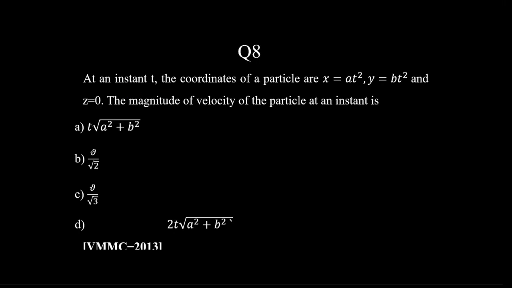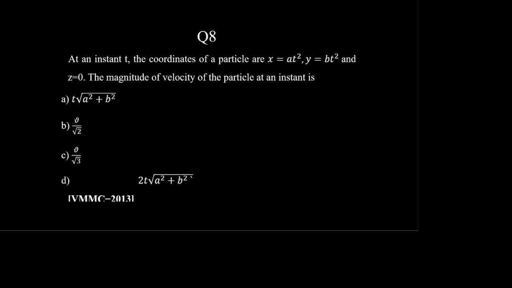At an instant, the coordinates of a particle: x is equal to at square, and y is equal to bt square, and z is equal to 0. The magnitude of velocity of the particle at an instant is, okay, a very simple question. So x is equal to at square, y is equal to bt square, and z is equal to 0.